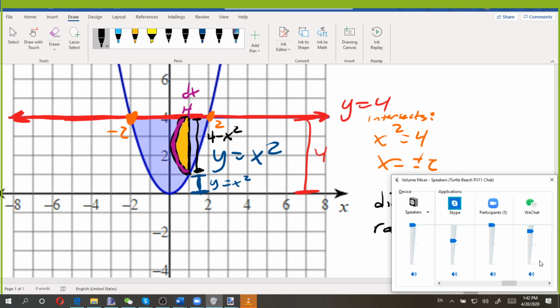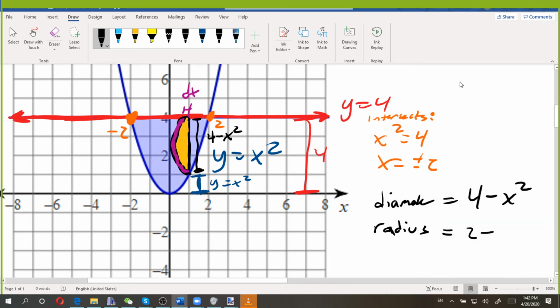I think you've got the right idea, though, because I know you at least divided the first part by 2. So this radius is going to be my diameter divided by 2. So this will be 4 minus x squared over 2 will be my radius.